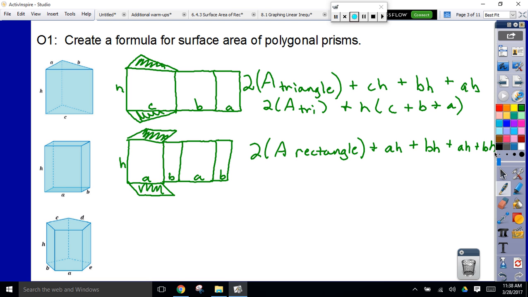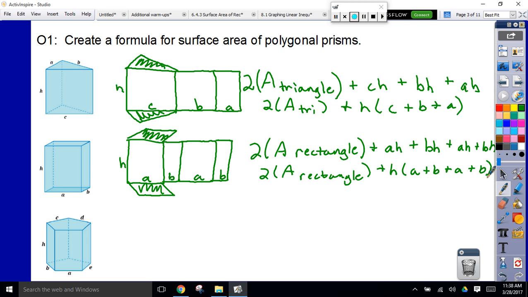So this looks a little different than the formula that we did before. This one's a little complicated. What factor do we have in common in these terms that are left? David? H. We have H again. So we have plus, we take out an H, and inside we have A plus B plus A plus B, which we could also write as 2A plus 2B in the middle.